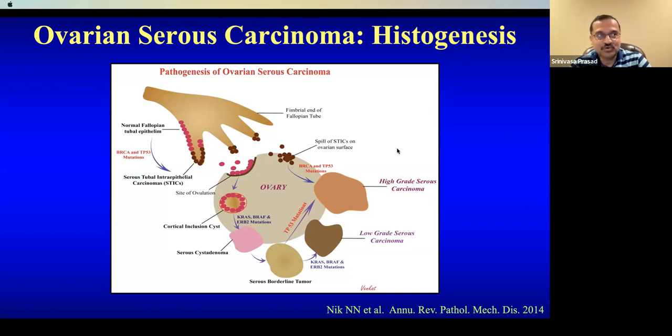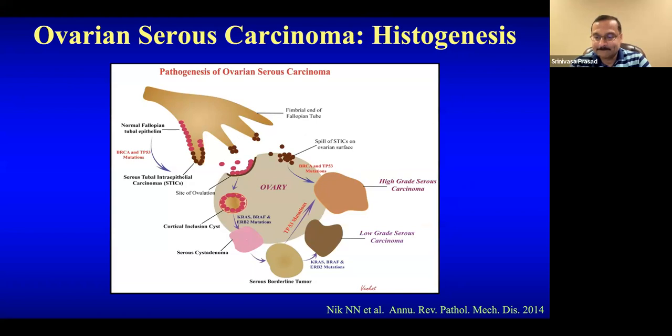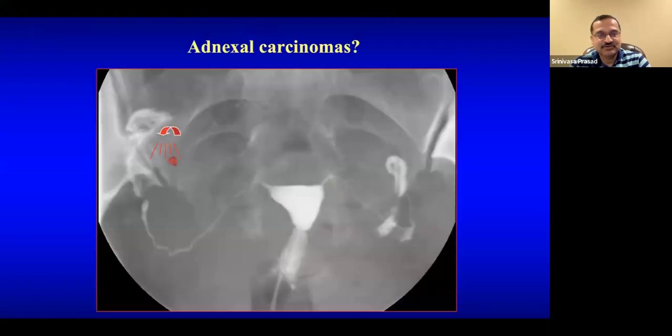And most, if not all, high-grade serous cancers, which is the most common subtype of ovarian cancers in the sporadic setting, also arise from the fallopian tubes. So in essence, we are looking at a cancer that originates within the tubes and then spills onto the peritoneal cavity.